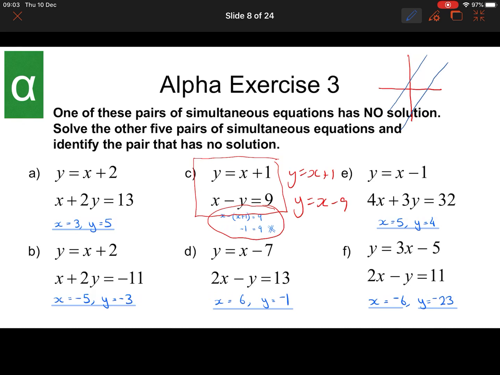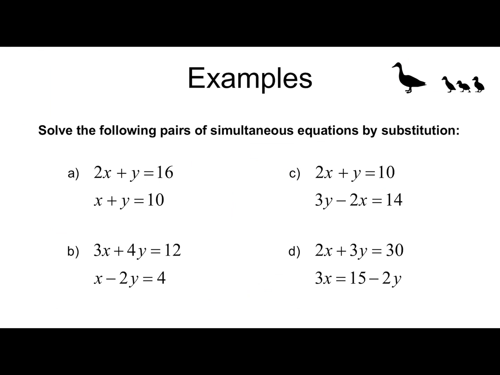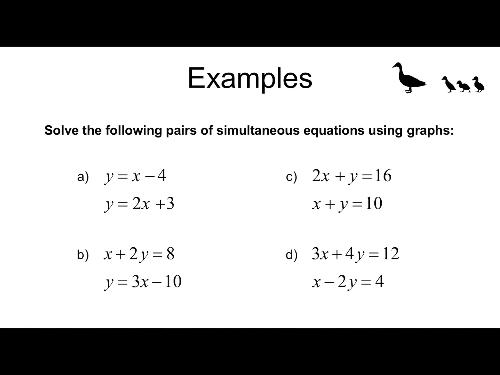They have the same gradient. So one will look like this, and the other like this. It's just the y-intercept that is different. They're parallel to each other, and if they're parallel, they will never intersect. So there is no solution. Parallel lines will never intersect.